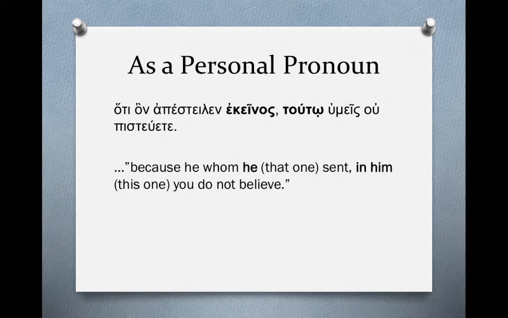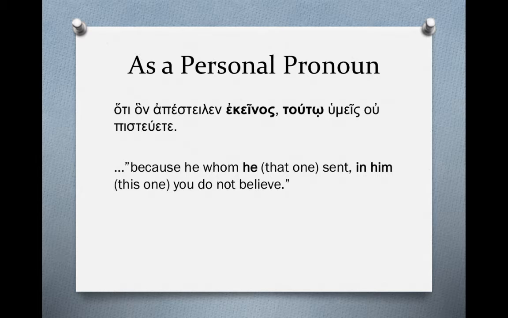And then we've got the subject, ekeinos, which comes next. Literally, "because he whom that one sent." Okay, so ekeinos in context here is talking about the Father. "He whom he sent." If we translated "that one," okay, maybe, but it sounds a little awkward in English. What's happening here is the demonstrative is functioning like a personal pronoun. So we'll just translate it that way.